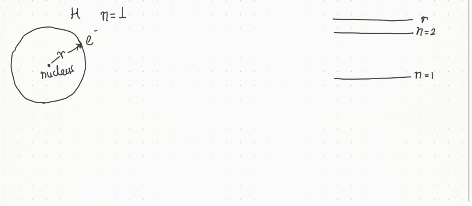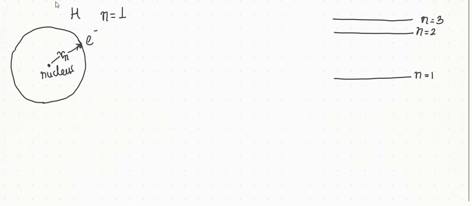It will shift from the innermost or first orbit to the second orbit to the third orbit, because n equal to 1, 2, 3, the principal quantum numbers, tell you in which orbit the electron is revolving.